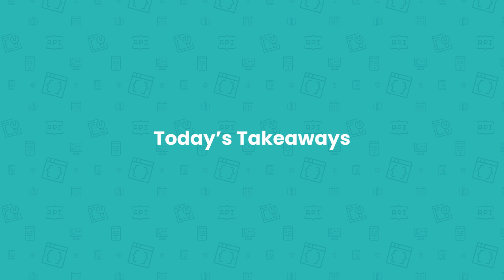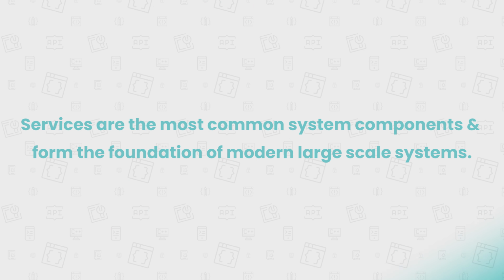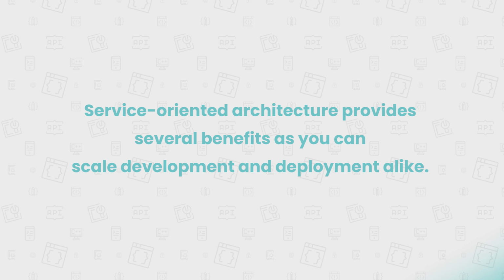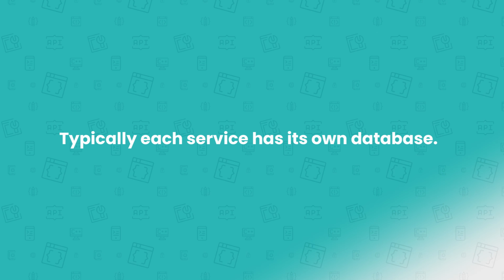Now let me wrap up and define some clear takeaways for you. Services are the most common system component and form the foundation of modern large-scale systems. A service is a self-contained unit of functionality with an API interface that allows other components to interact with it. Modularizing your business logic via service-oriented architectures provides several benefits as you can scale deployment and development alike.